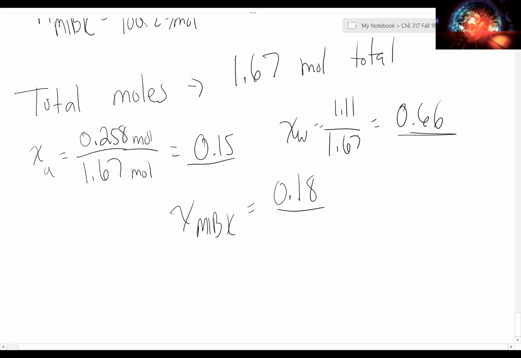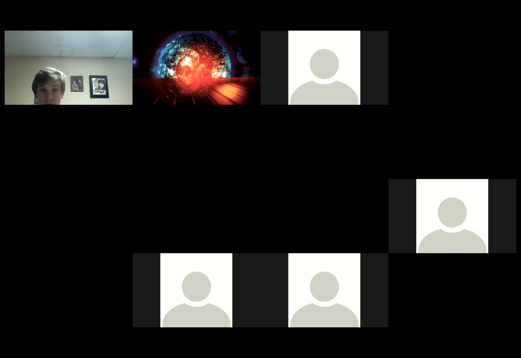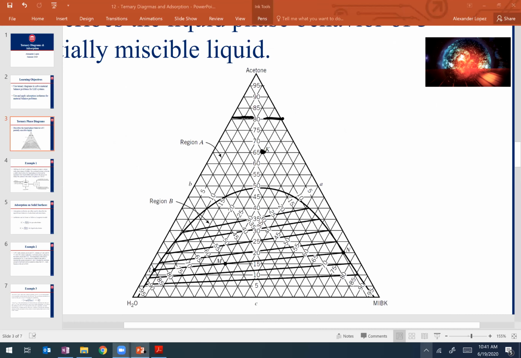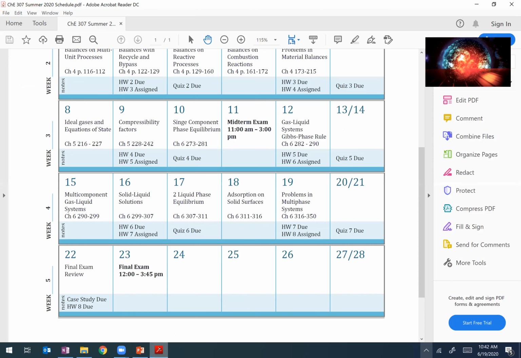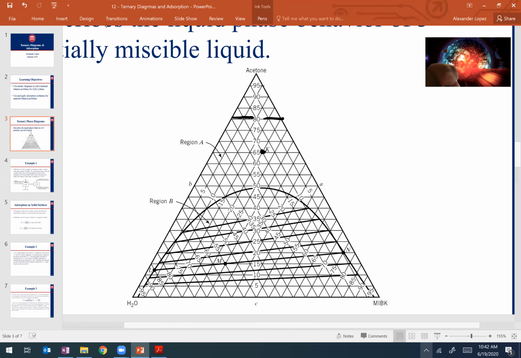So now let's see if we can put this on our ternary diagram. And so I had, what did I have? 0.15 or 15 mole percent acetone, 66 mole percent water, and 18 mole percent MIBK. So I had 15 for acetone, 66 for water, which is going to be somewhere right here.